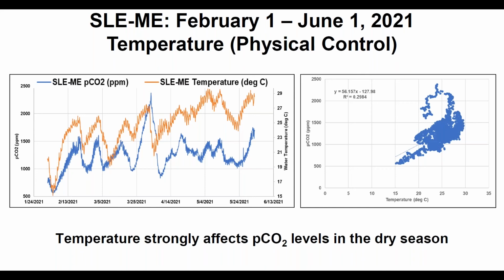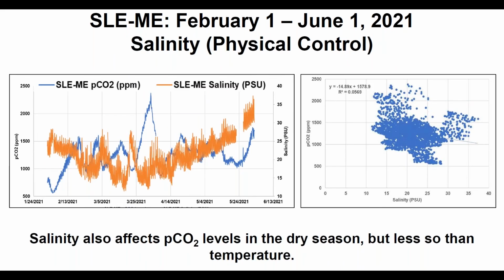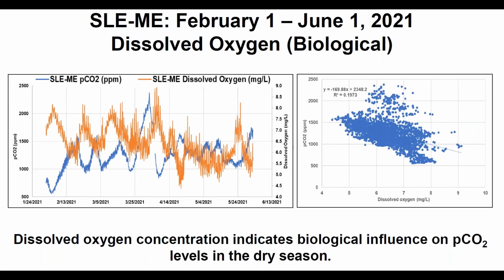And salinity, next slide, is a secondary physical parameter, which I think also was consistent with what you heard earlier. Next slide shows, yes, we see that too. Here biological control on PCO2 is also evident. Here's the dissolved oxygen concentration and PCO2 levels during that same dry season.